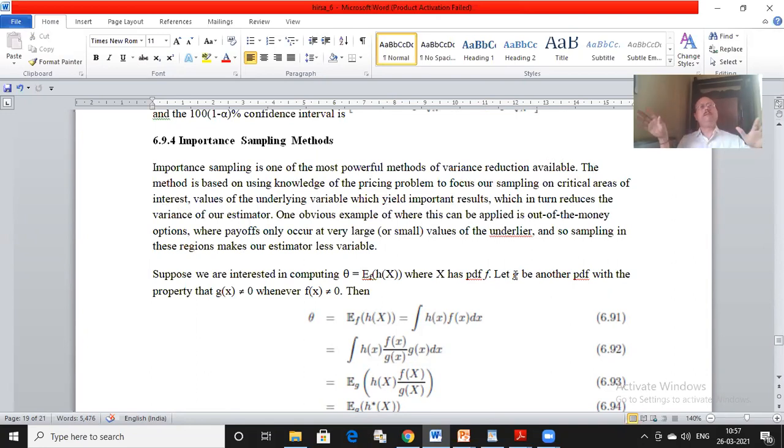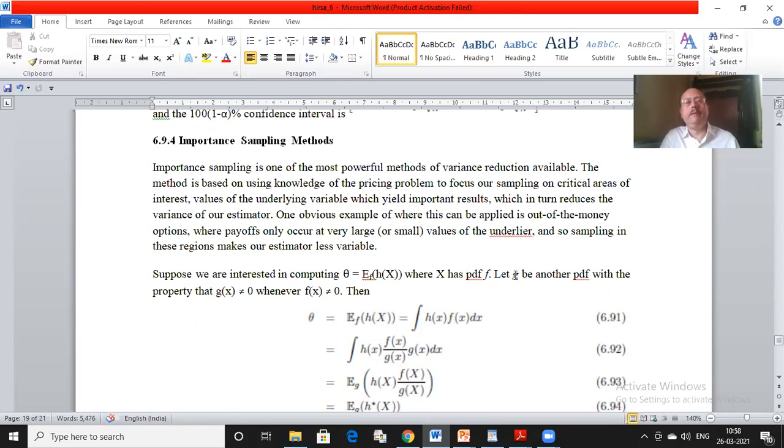So I have this whole support for my target random variable. But from the nature of the contract, I know that some subset of this support is more important to me. If I am looking at a call option, basically the region above the strike price is more important, because that is where the call option will be exercised.